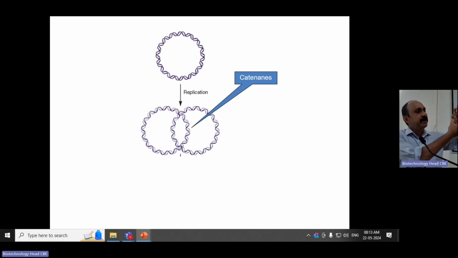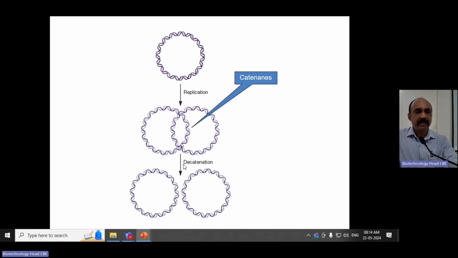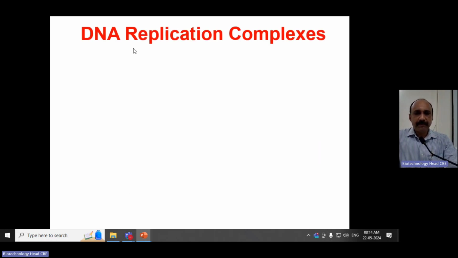When it replicates, there can be 2 rings attached together, or there can be many rings. When 2 rings are attached together, they are called catenanes. A catenane is a chain. Decatenation by the topoisomerases, just by breaking a single bond or a double bond, releases the 2 different chromosomes. This is catalyzed by the DNA topoisomerases.